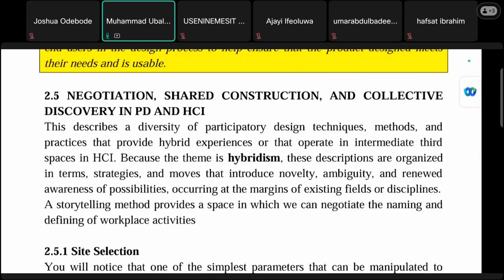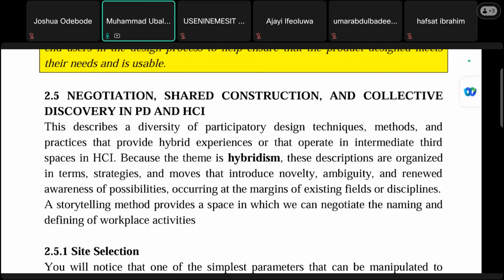A storytelling method provides a space in which we can negotiate the naming and defining of workplace activities. So, what negotiation, shared construction, and collective discovery is talking about is that participatory design involves collaboration through various techniques, which is site selection.